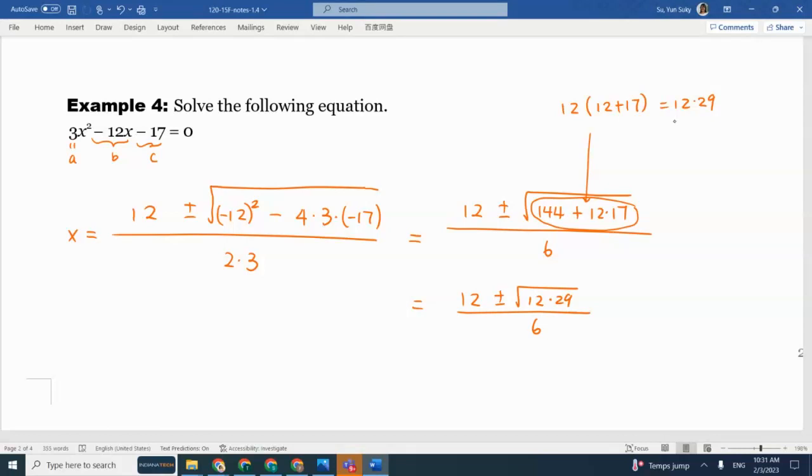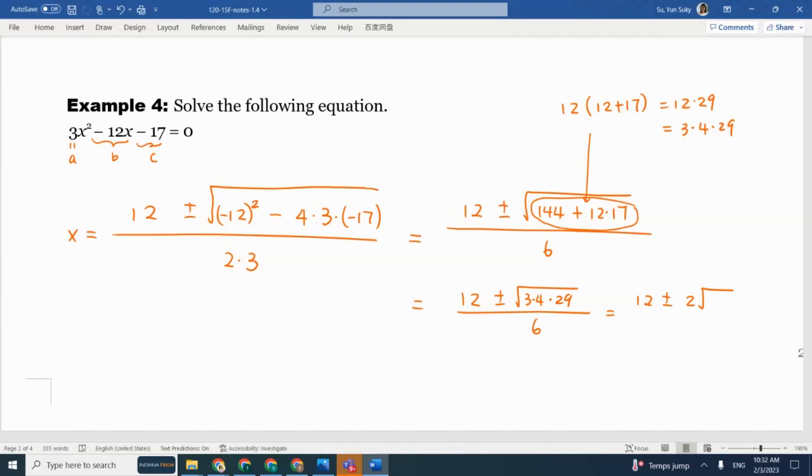But 12, what is 12? That is 3 times 4, right? How about let's put 3 times 4? Because the 4, we can pull out of the square root. What is square root of 4? 2. Yes?